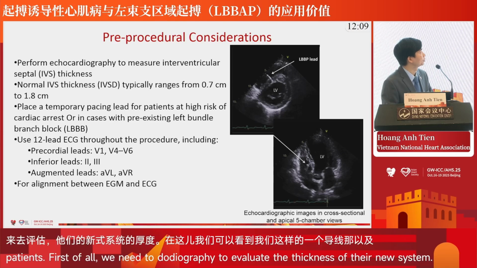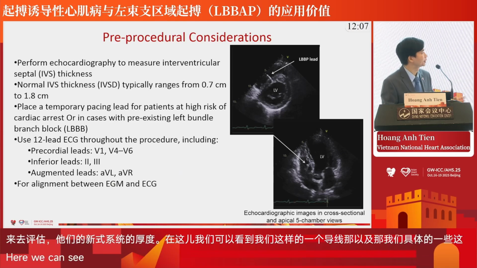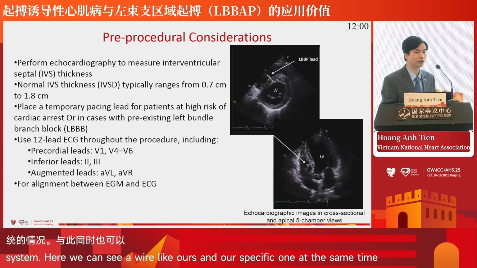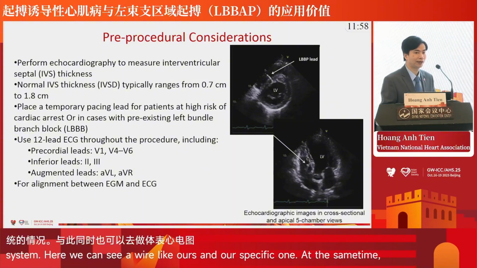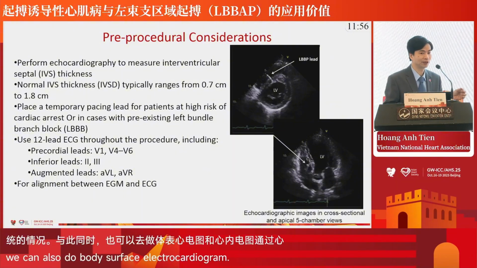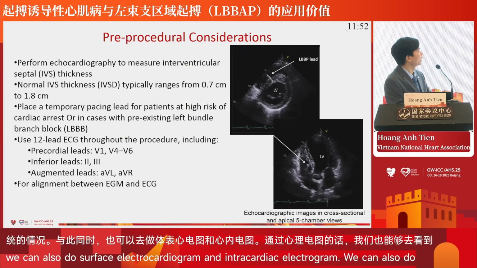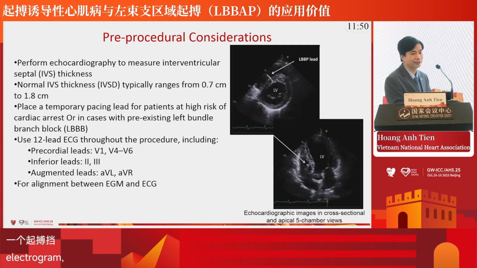We can also do ECM and ECG at the same time, because with the ECM we can easily identify whether the lead has gone deep enough or not. And we also have the 12 lead EKGs.